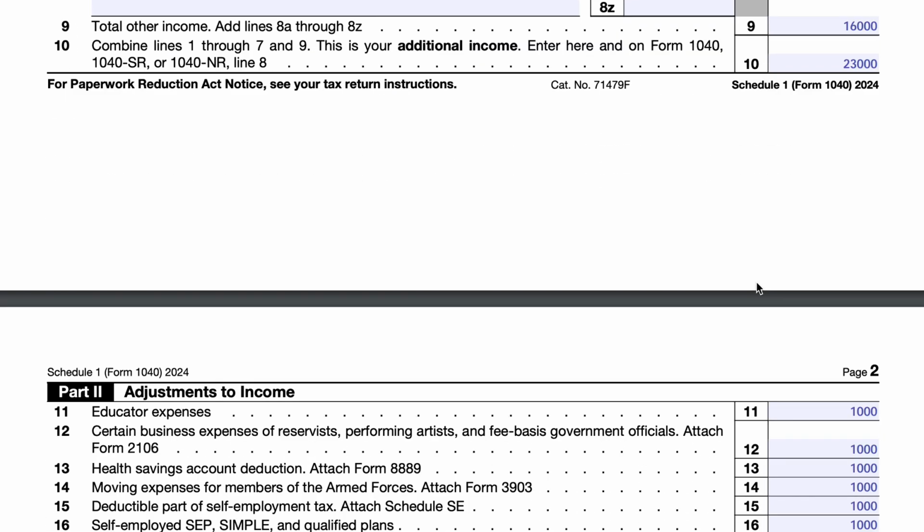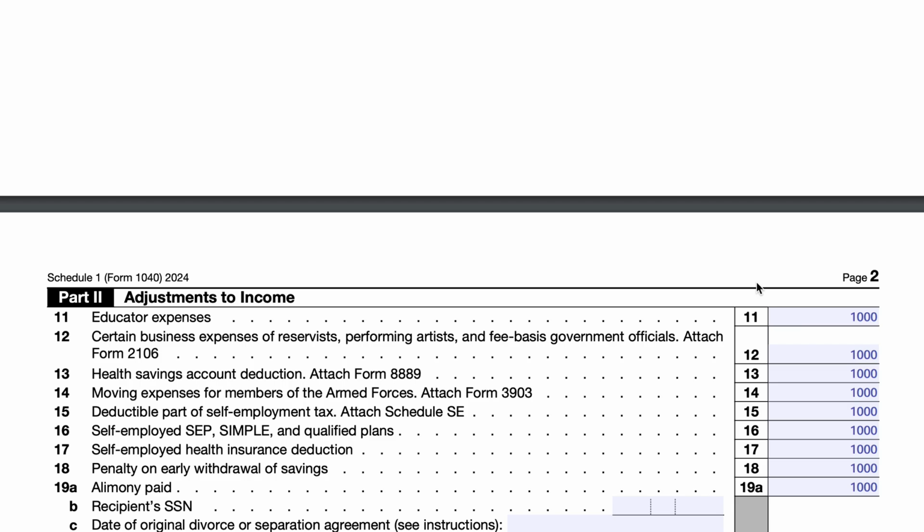And now we're going to go through all the different adjustments to income that will drop your AGI back down. So again, adjustments to income mean that these are adjustments that arrive at a lower AGI. And AGI has a lot of applications for other tax situations. So Roth IRA contribution eligibility depends on being below a certain AGI threshold.